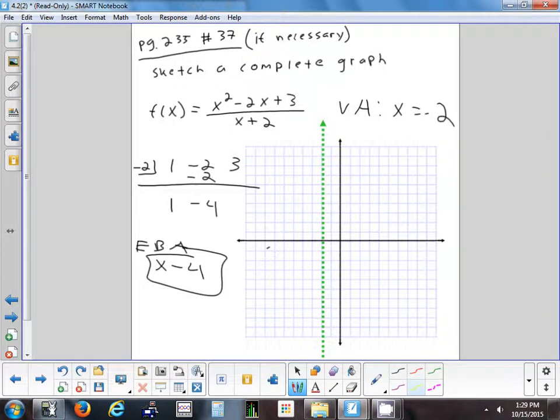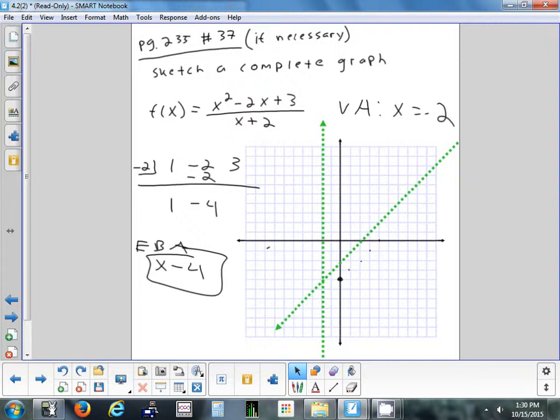So slope of 1, y-intercept at -4. Draw that in. Now just figure out what sections you're in. All you got to do is check the vertical asymptote, check to the left and the right, and that's going to tell you everything.